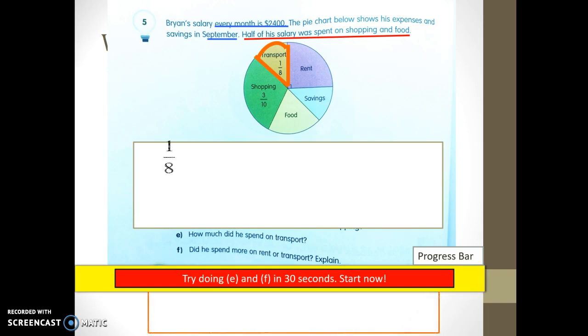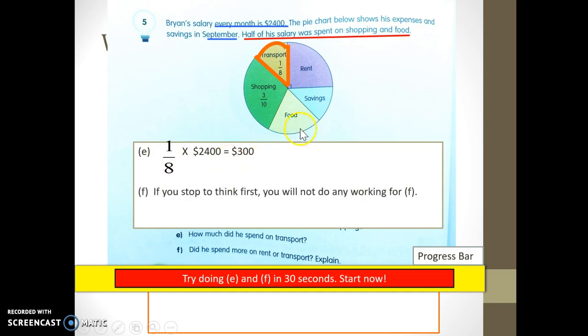Alright, let's take a look. So, he spent 1/8 of his money on transportation. And the amount he has for the whole month is 2,400. So it's 1/8 of this. You know that multiply stands for of, so 1/8 of this is $300. The mental sum, just use 24 divided by 8, you get 3, then add two zeros to the back.